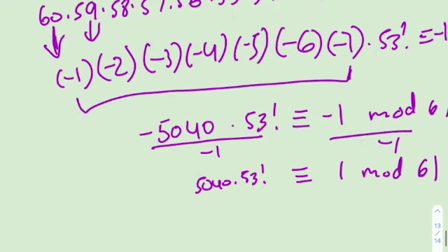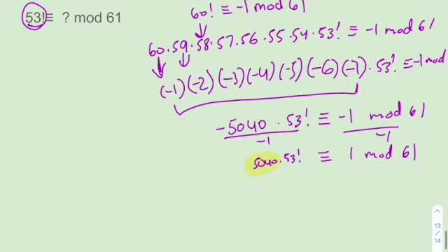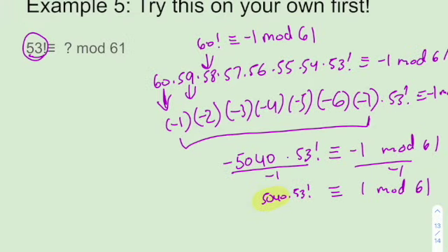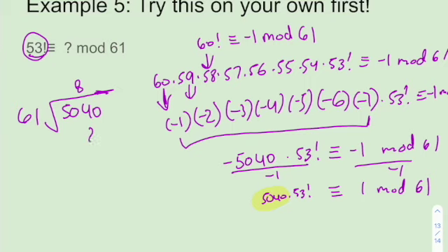And now let's try to simplify this number further so we can find the inverse of this part easier. So let's divide it by this 61 to find the remainder first. So we have 8, and then goes there.